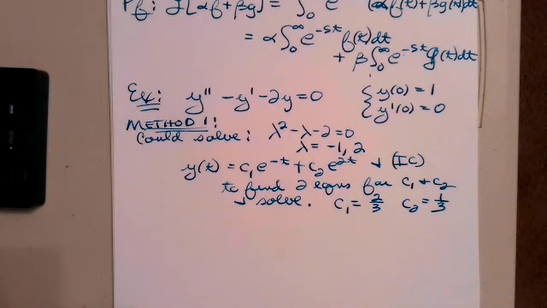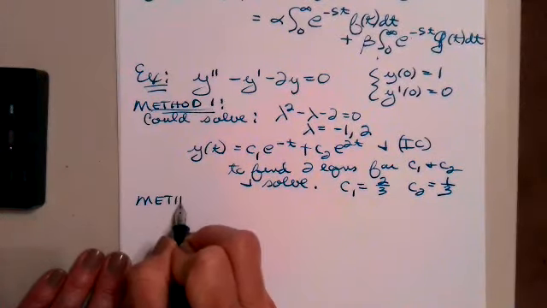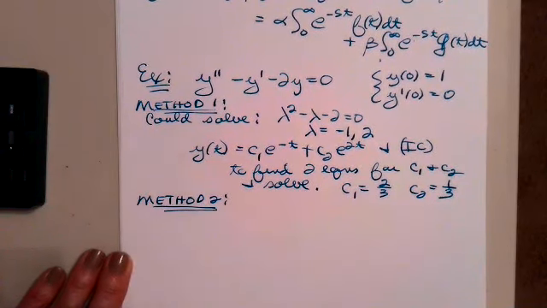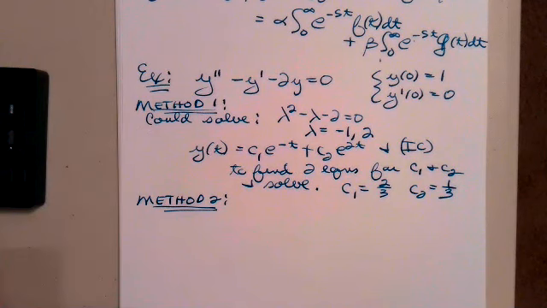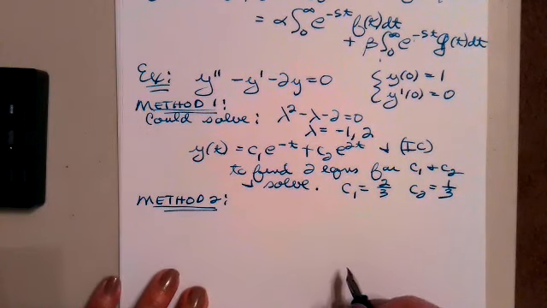Okay. All right, so now we want to use method 2, the Laplace transform. On this problem, we have an option. There are other problems where the old method just isn't going to work. So it's not like you have the option to do this on every problem.